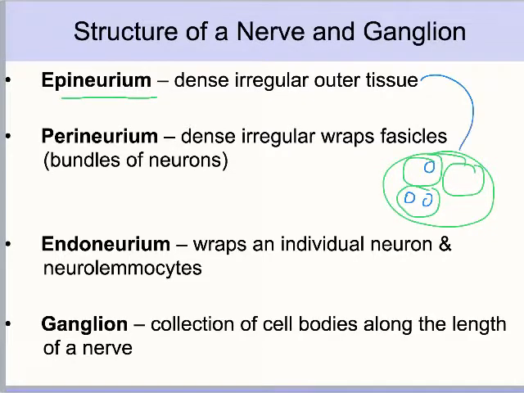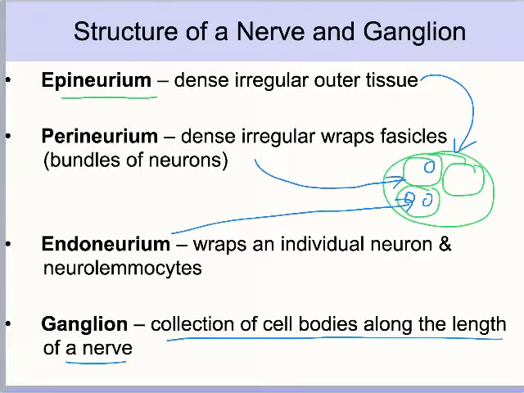So epi, peri, and then endo. A ganglion is a collection of cell bodies along the length of a nerve. When we do the spinal cord and the brain, you'll see examples of ganglia.